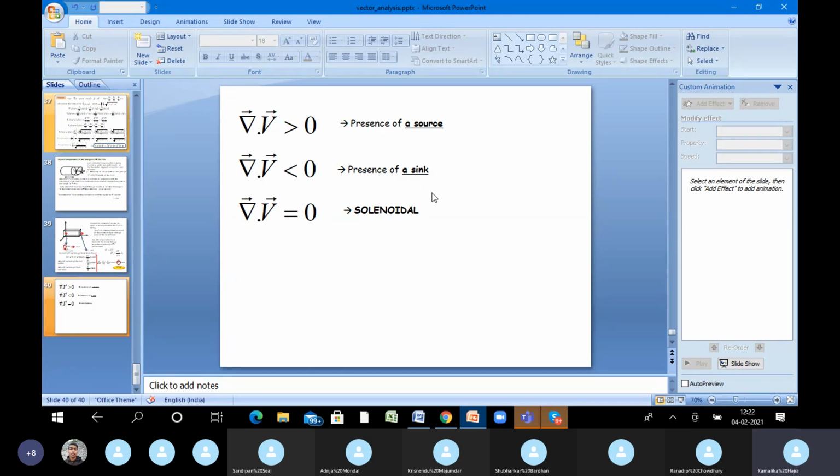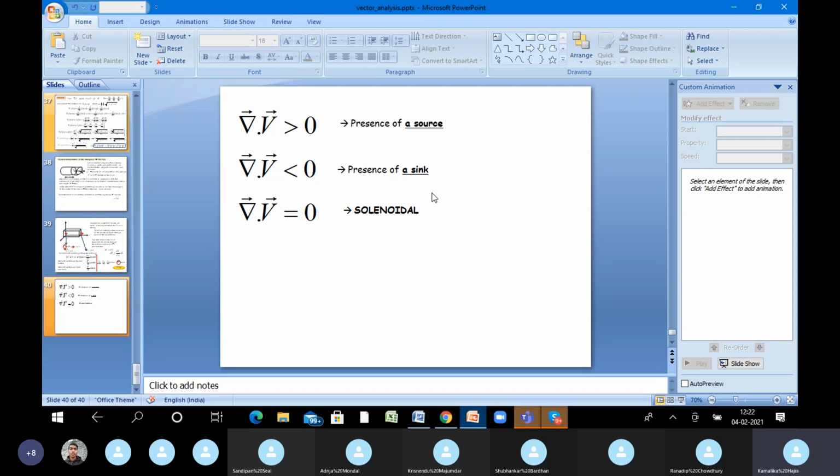This also gives you a very typical problem that is often given in your exam. Suppose you are writing a paper on vector analysis and a vector is given, and you are asked, can this vector represent a magnetic field? You must know that a magnetic field is solenoidal.